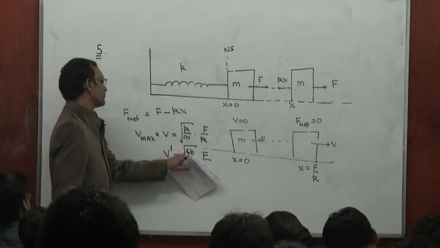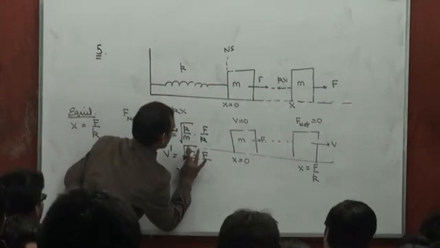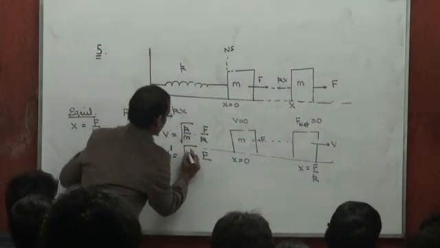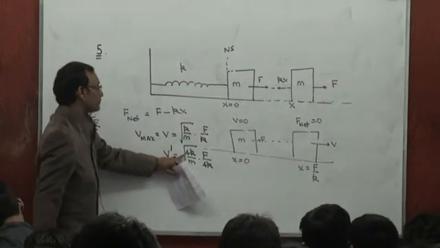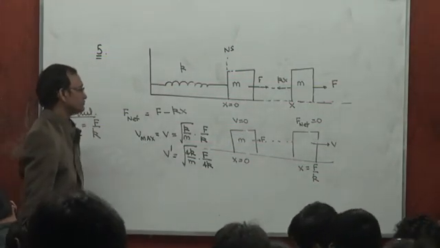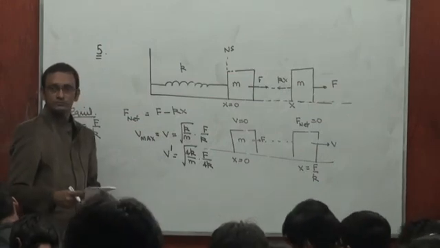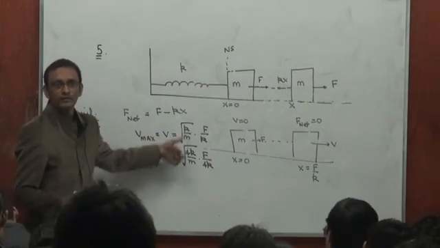Very clearly, this is 4k. So v prime very clearly is going to be v by 2.